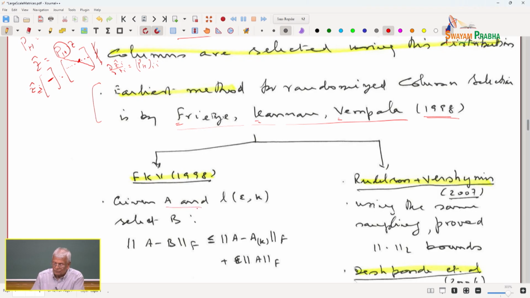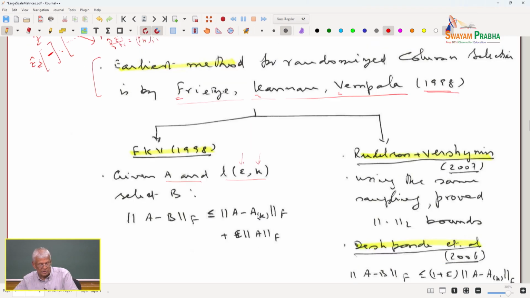Given A, there exists an integer that depends on k, the rank required, and epsilon, the quality of approximation, to select B such that the Frobenius norm of the difference, the error in the approximation, is equal to the Frobenius norm of the best rank k approximation plus epsilon times the Frobenius norm of A.